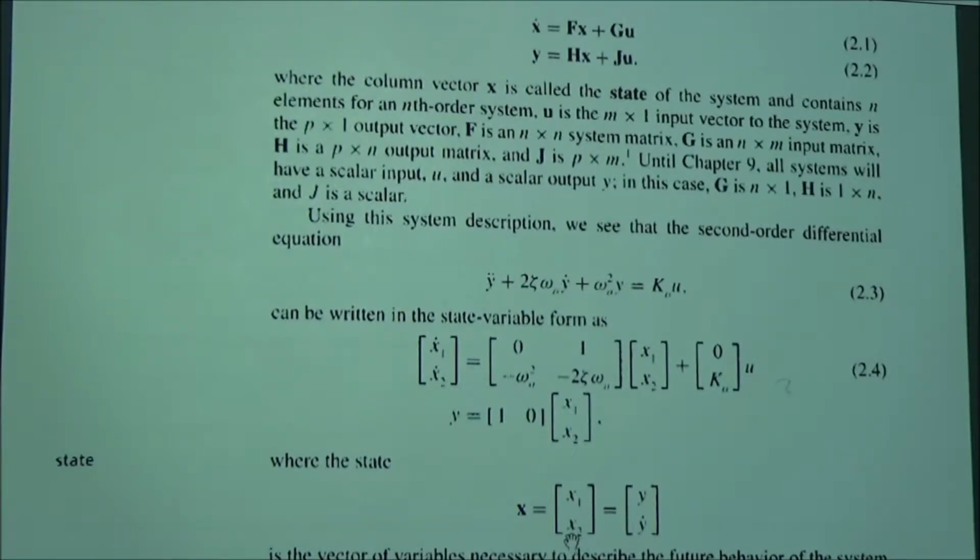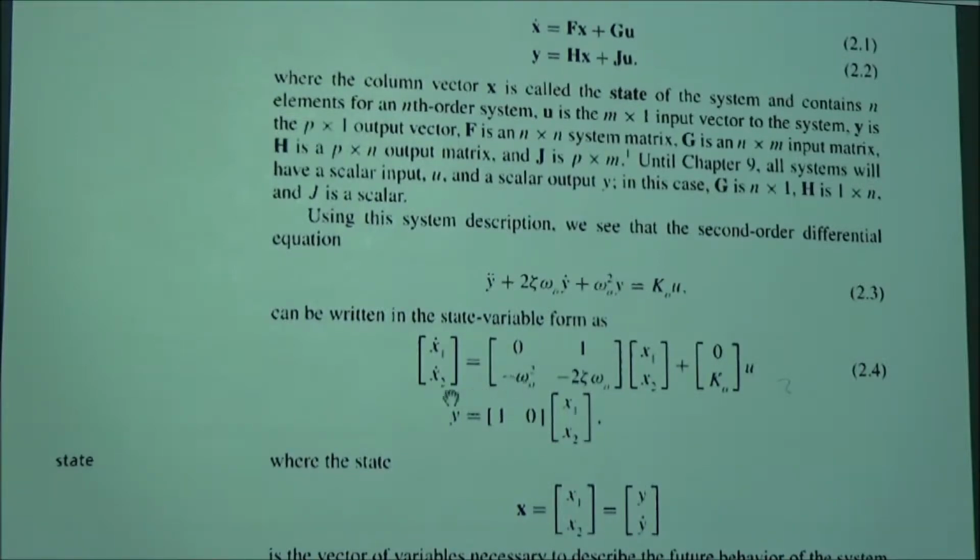Now, x2 dot is y double dot, which is already available. It is k0 u minus omega n squared y, where y is x1, minus 2 zeta omega n y dot, and y dot is also available as x2.